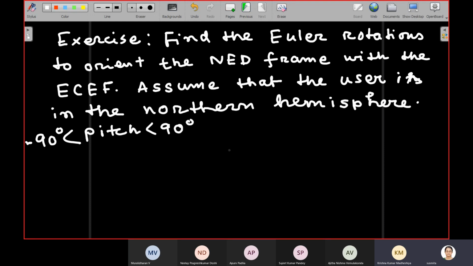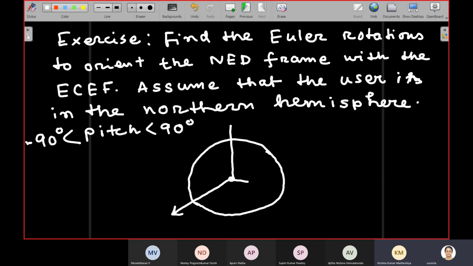So let me show you pictorially what I am expecting. Here we have an ellipsoidal arc. So this is the ECF XYZ frame. Right? And then we just pick some point in the northern hemisphere. So at this point, this is north, this is east, and this is down.